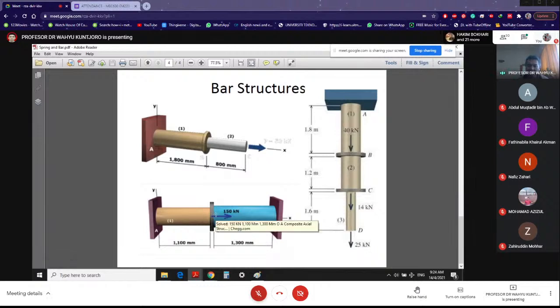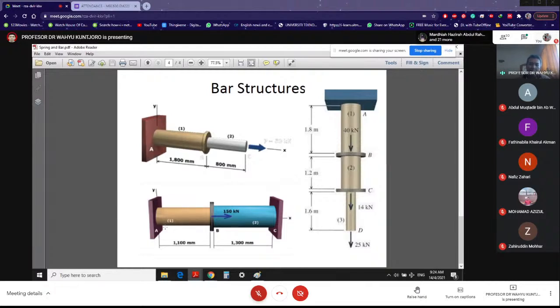The loading, this 150, is in the same axis to each component. I shouldn't say element, I should say each component. For what you have here, this is not finite element model. This is a structure. So I'm not going to call it finite element.